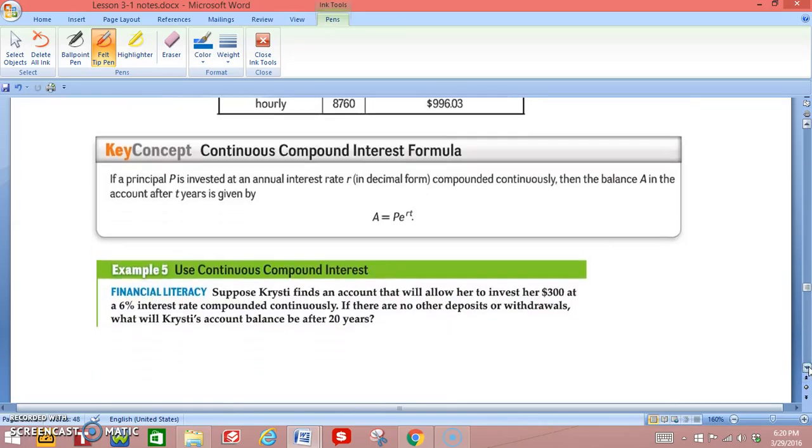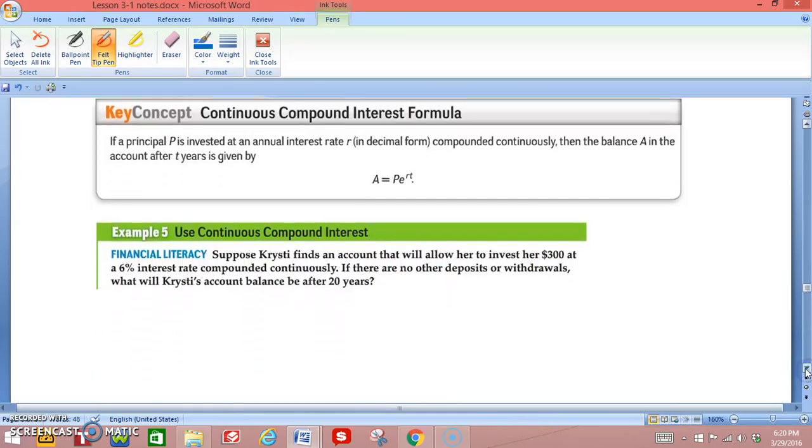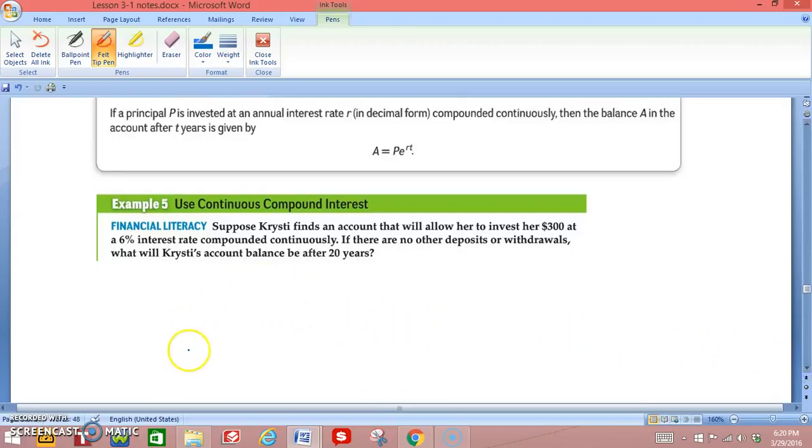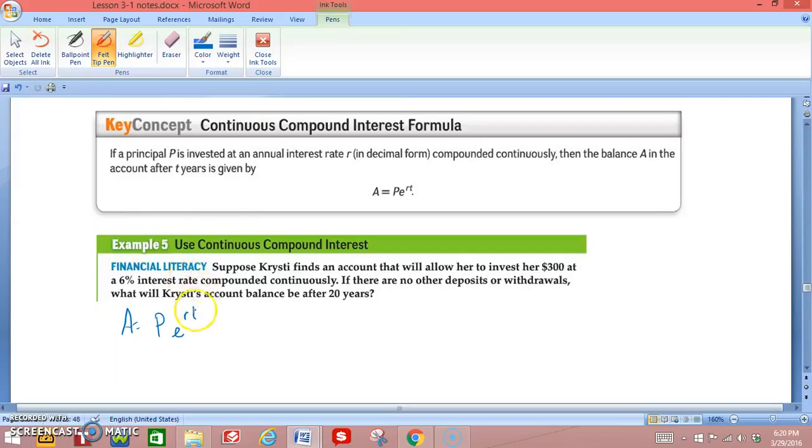Alright, so we're going to use that same problem, except now Christy's $300, the interest is being compounded continually. Alright, so A equals P E to the RT power.